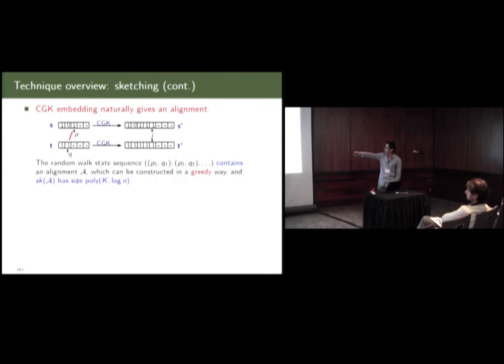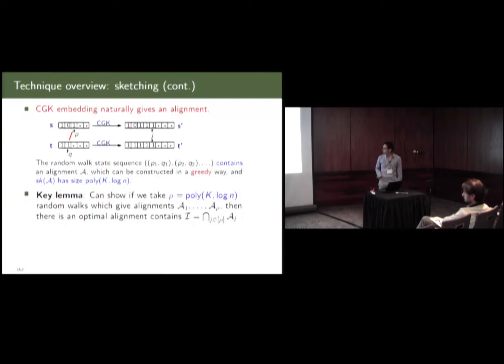We can view the random walk as a sequence of states P1, Q1, P2, Q2. We just record the state of the counters at each step. This actually contains an alignment, not necessarily optimal, but it contains an alignment. It can be constructed in a greedy way, and the sketch of this alignment can be bounded by poly k log n. This is because of the low distortion of the CGK embedding.